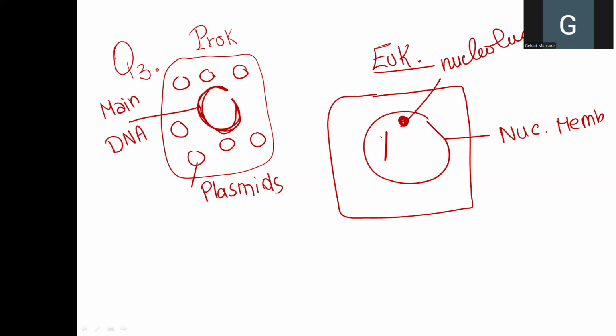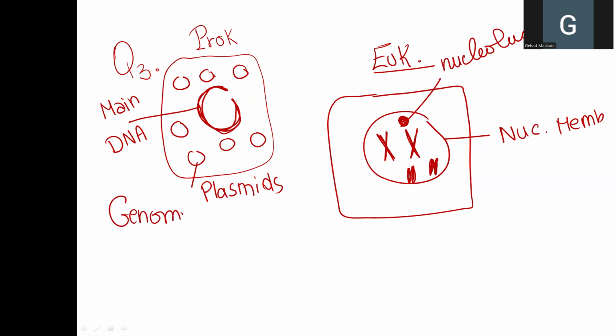And then we will have true chromosomes that are seen, at least you should be in prophase to see them. So what are the differences then between the prokaryotic genome and the eukaryotic genome?